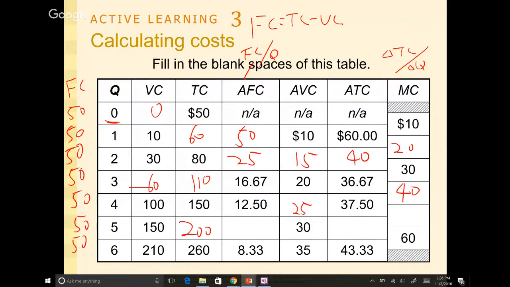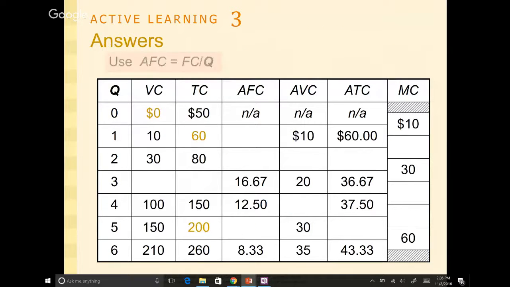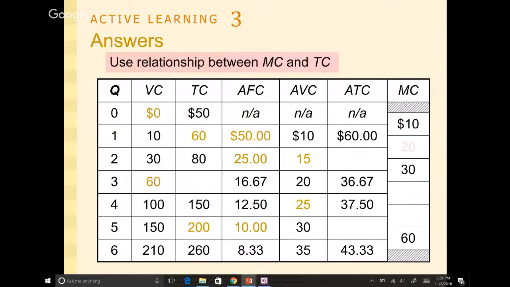The average fixed cost is 50 divided by 5, which gives you 10. The marginal cost, 150 to 200, the difference is 50. And over here, the average total cost will be 200 divided by 5, and that gives you 40 again. Okay, so that's how to do this table. I think that's it for this chapter.